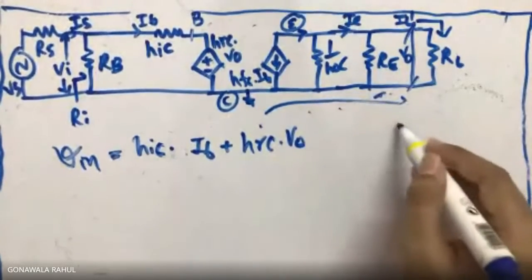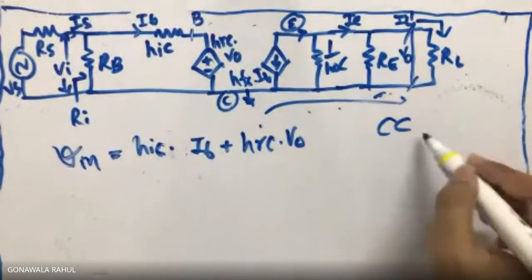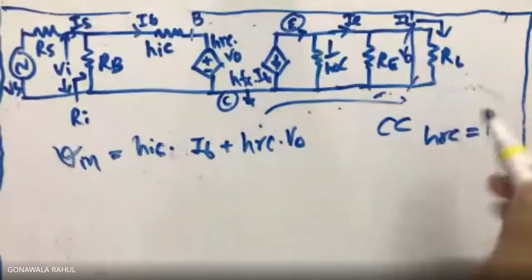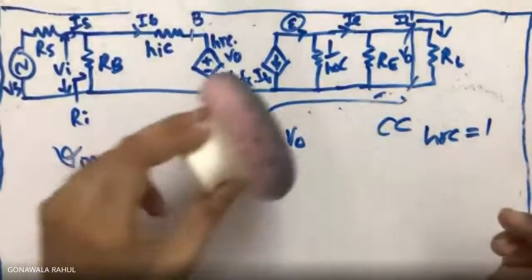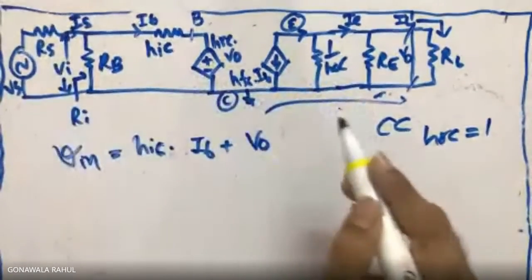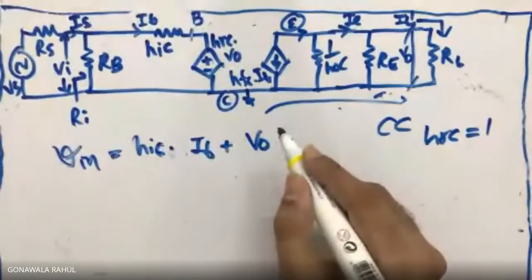Now for a common collector amplifier, HRC will be unit value, so it will be 1. So I can put 1 here, and this will be directly VO.